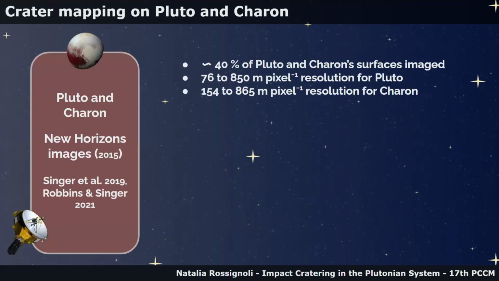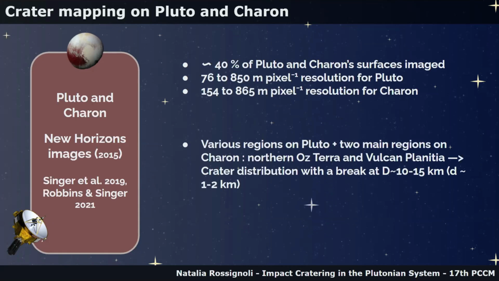For this work, we used the crater data from the works of Kelsey Singer and collaborators from 2019, and the work by Stuart Robinson Singer from 2021. In these works, the authors analyzed different regions of Pluto and Charon, analyzing images with varying resolutions, as we can see here.